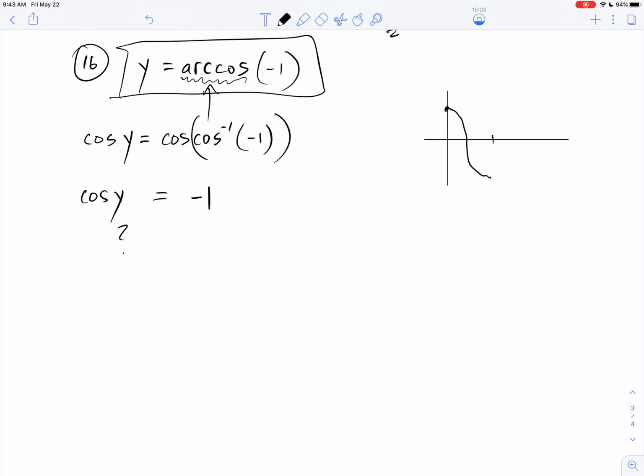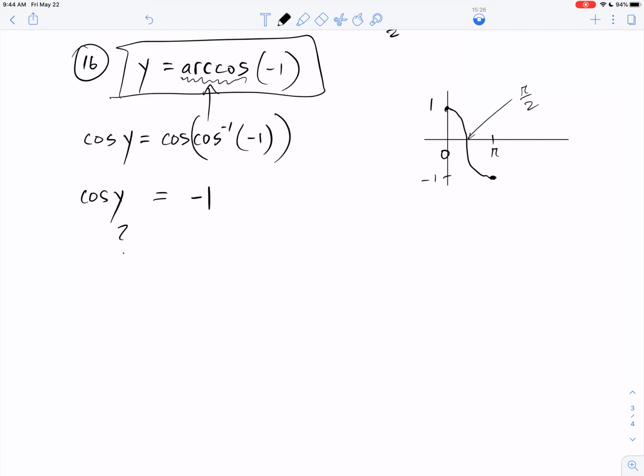If I partition it between 0 and pi, I will get all the information I need from it. So between 0 and, what would this guy be right here? That guy would be pi over 2. So between 0 and pi over 2, that puts me in quadrant 1.